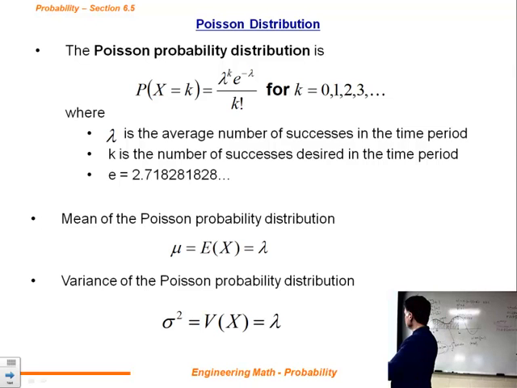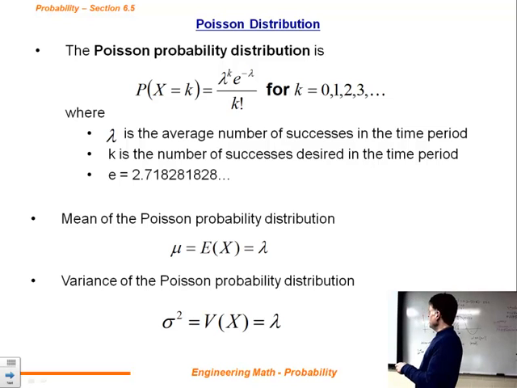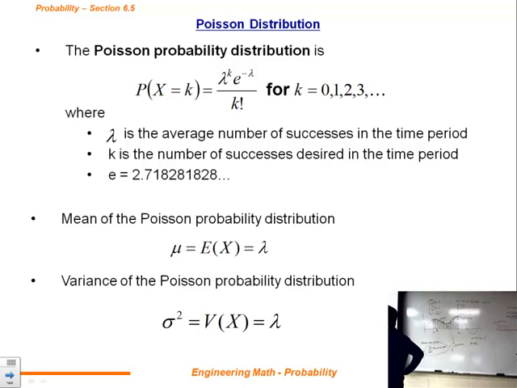We'll call that number lambda. K is the actual number of successes we desire in a time period. And e here is just the usual constant, the base of the natural logarithm. What the Poisson distribution says is that the probability of exactly K successes in the time interval is lambda to the K times e to the minus lambda, all divided by K factorial.